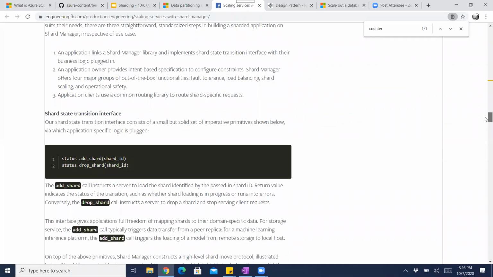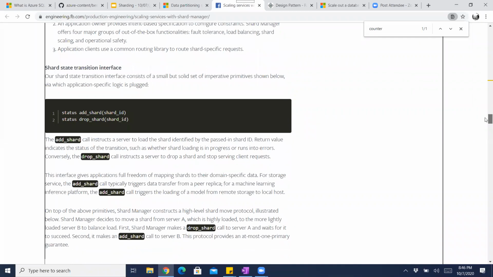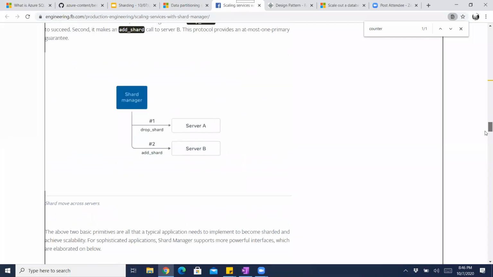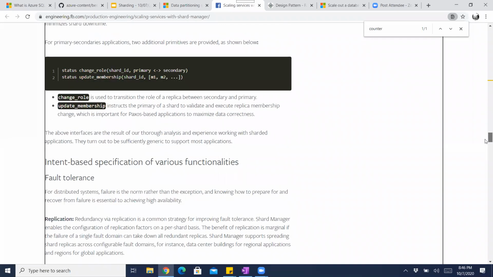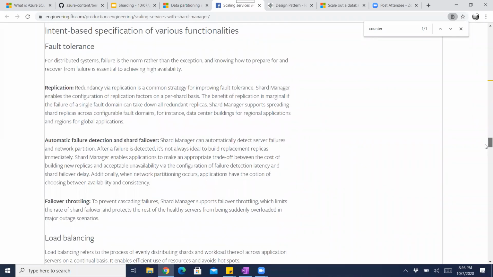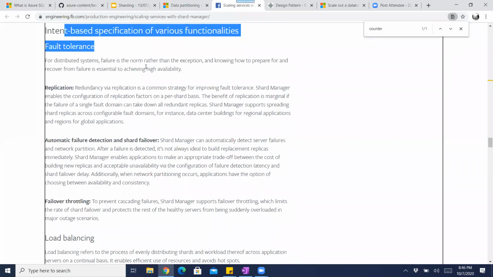And now coming to the operations, they talked about similar concepts that we looked at in Azure. They have these APIs: add shard, delete shard, and so on. This is the intent-based specification I was saying about for configuration.